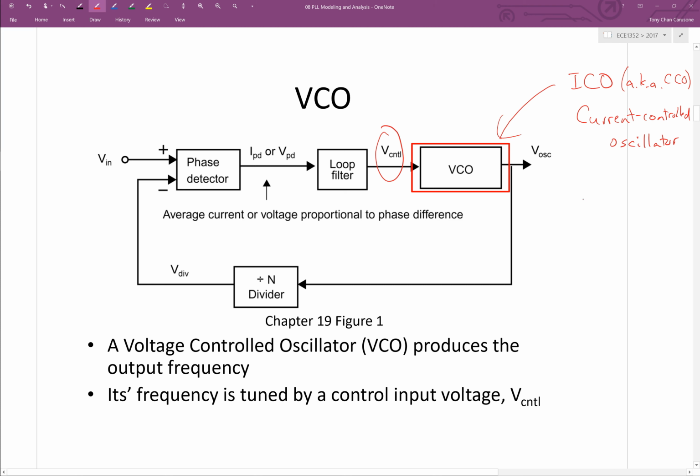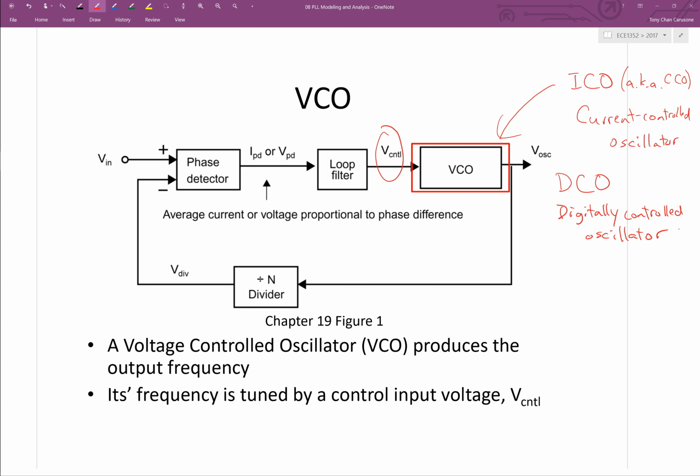And increasingly common, you'll see that VCO replaced by, alternatively, a DCO, which stands for digitally controlled oscillator.